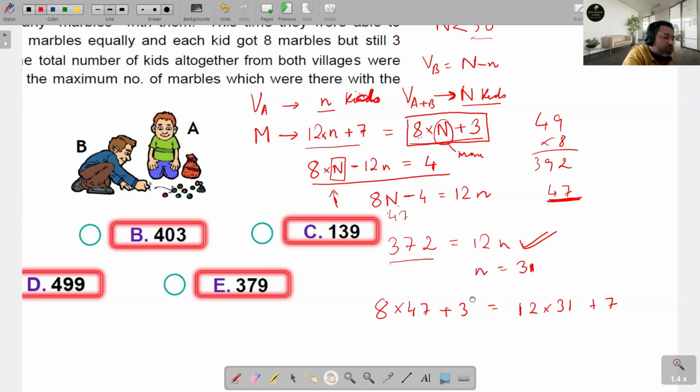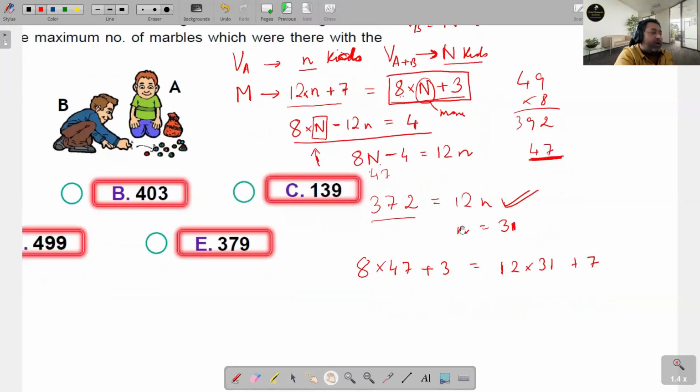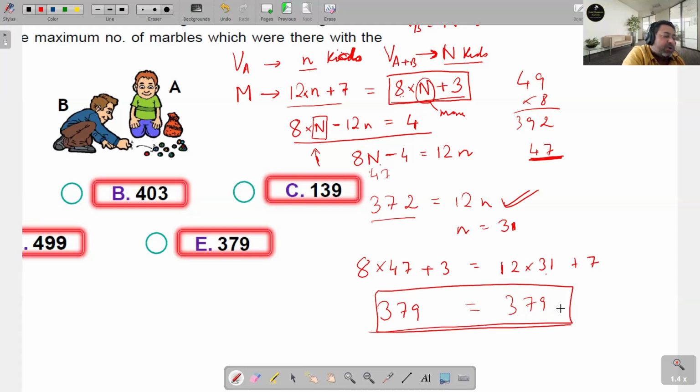Let's calculate each one of them. 8 times 47 will be 376 plus 3 will be 379. What about this one? 12 times 31 will be 372 plus 7, which is also 379. So 379 is the maximum number of marbles you can have, and that is option E.